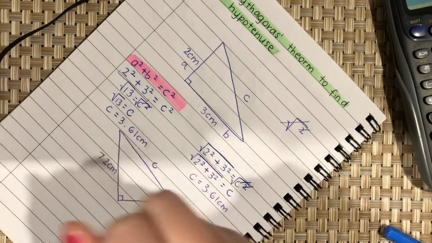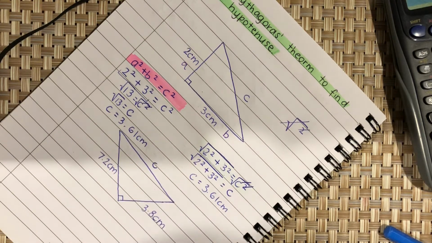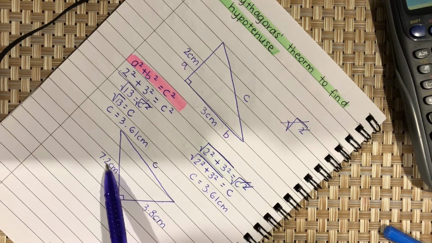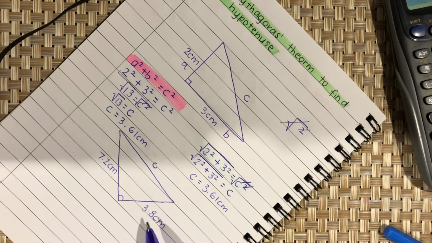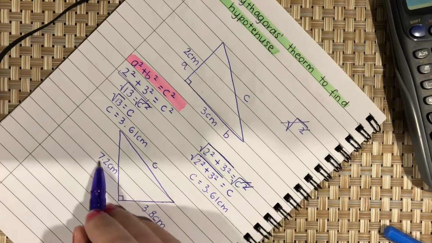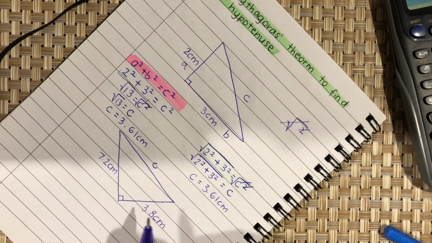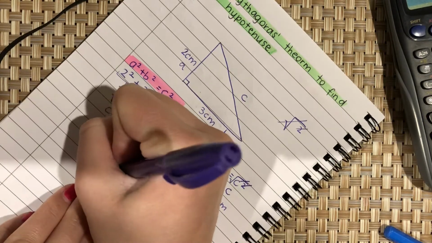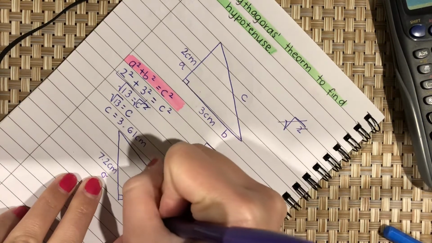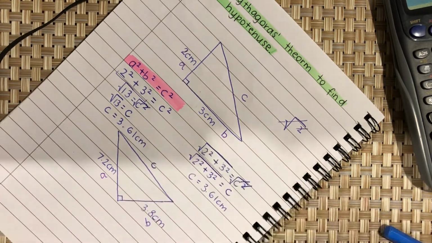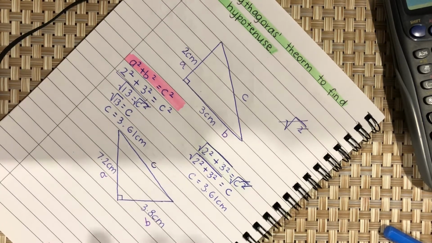So whatever answer we get for this question, the number that we get for c must be greater than 7.2 and 3.8. Okay, so these can either be an A or a B, it doesn't matter. So I'll just make this A and I'll make this B.